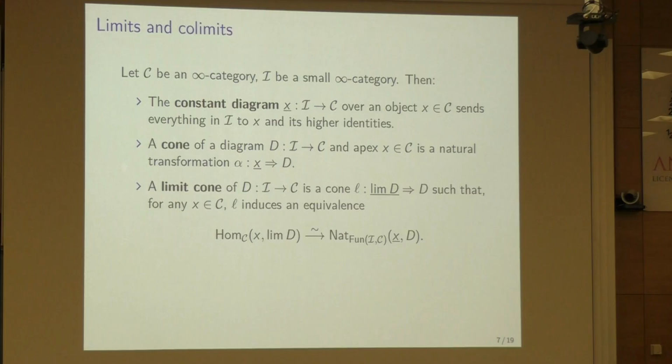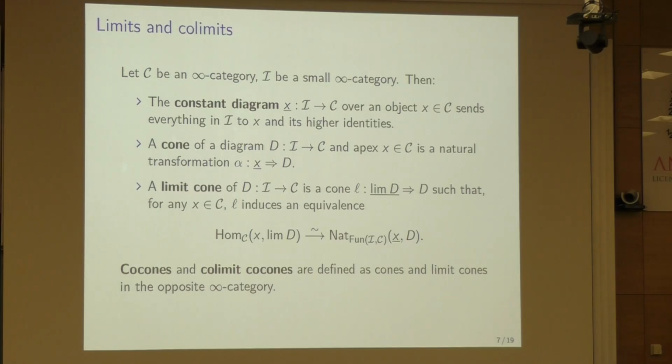So it says that, but in a weak way, asking for a weak inverse of this morphism. Okay, and for cocones and colimit cocones, we go to the dual, to the opposite infinity category, and we get it done.